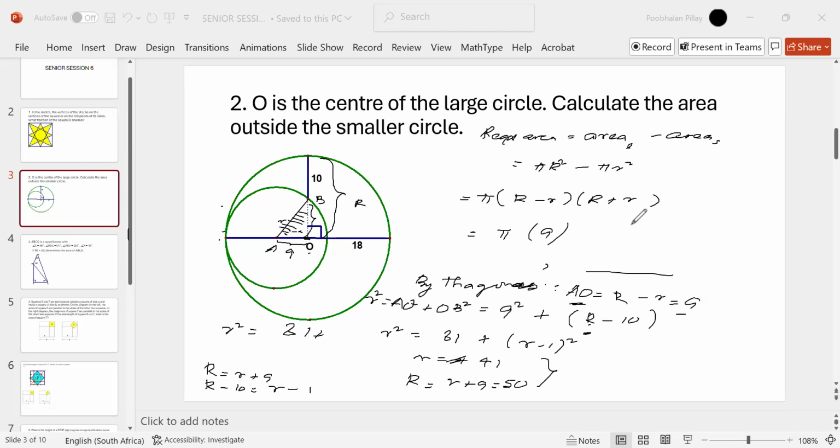And R plus r, we have these values, 41 and 50. So it's 41 plus 50, which is 91. Okay, so that is your required area. If you multiply this out, you get 819 pi.